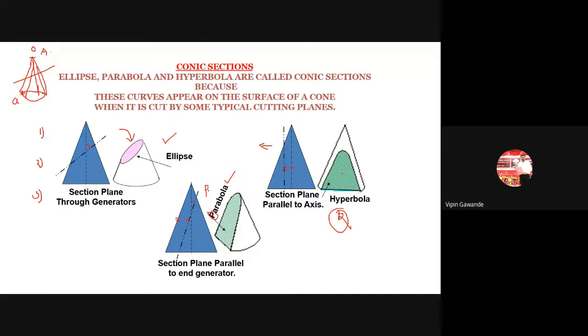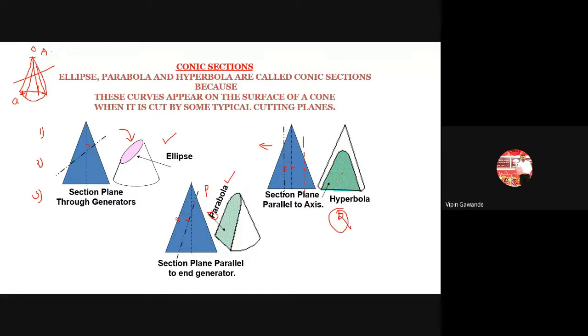Remember, parallel, parabola. For the hyperbola, the cutting plane is cutting the cone on one side, either this side or this side, and parallel to the axis.